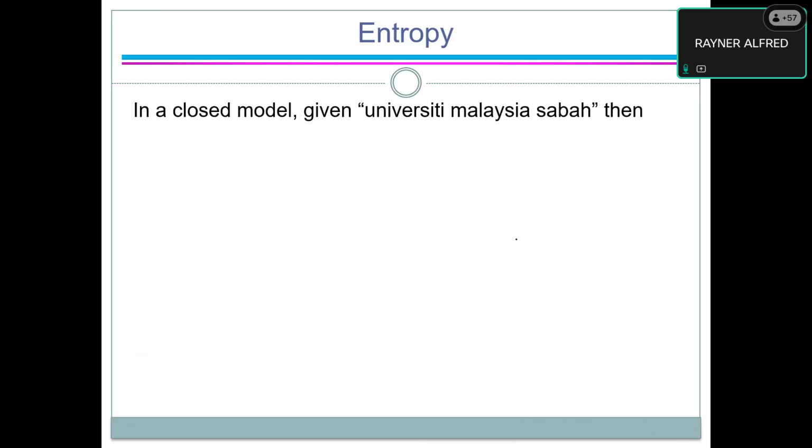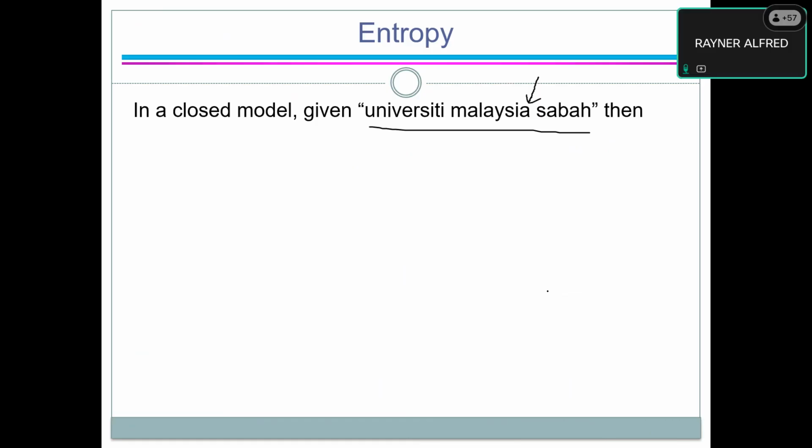To show an example of how we apply the formula here, let's suppose we have a closed model. A closed model means we are looking at this sentence only, so we will look at each individual symbol that we have here.